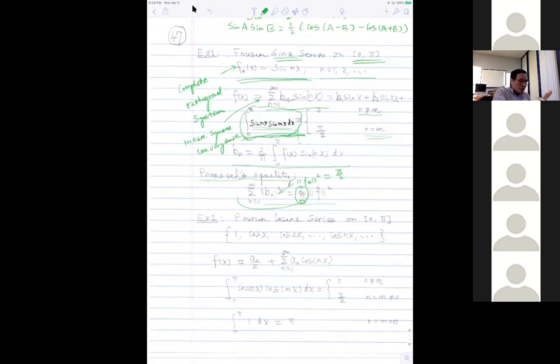So for an orthogonal system, if we choose fn equals sin nx, it is the Fourier sine series. But we can also choose another system: 1, cosine x, cosine 2x, and cosine nx. This will give us a Fourier cosine series on the interval from 0 to pi.